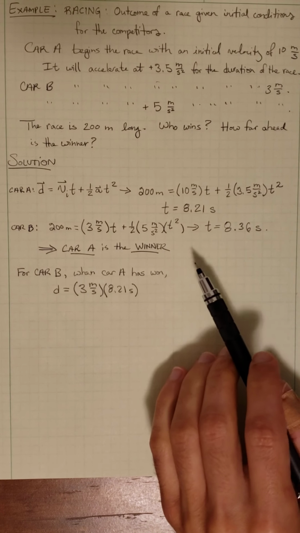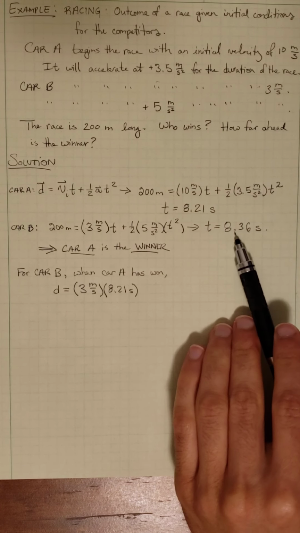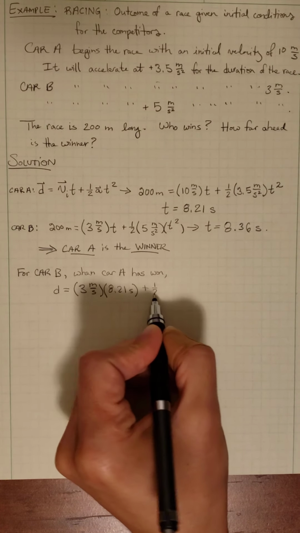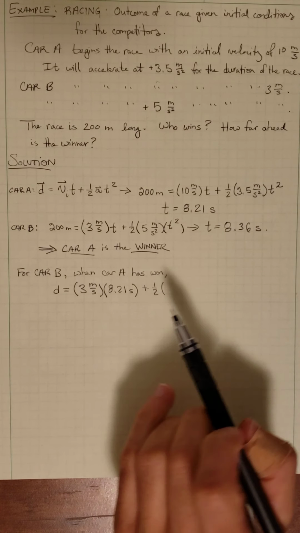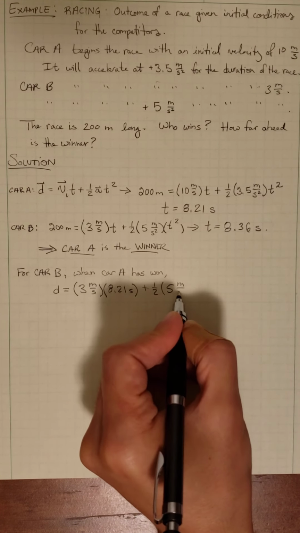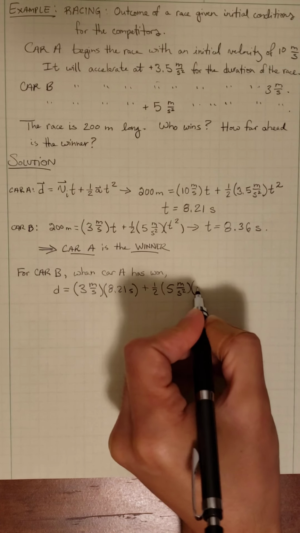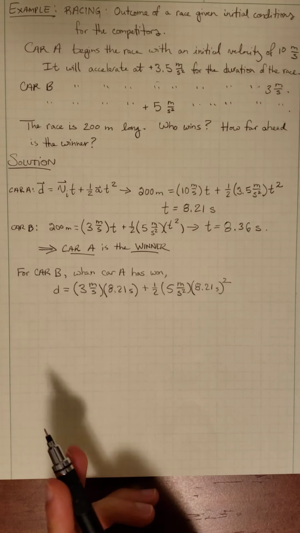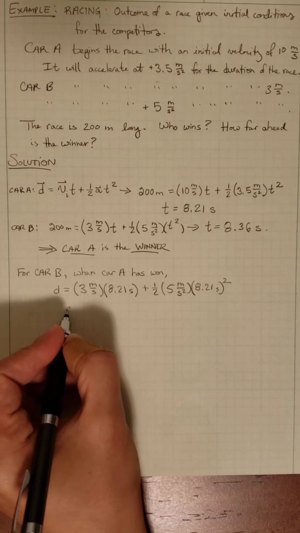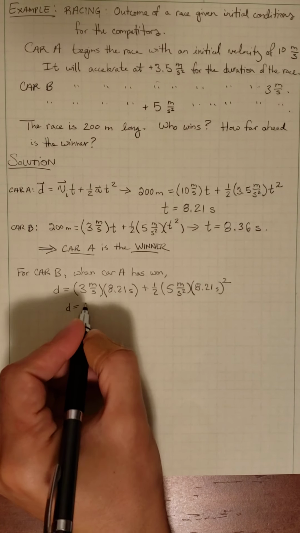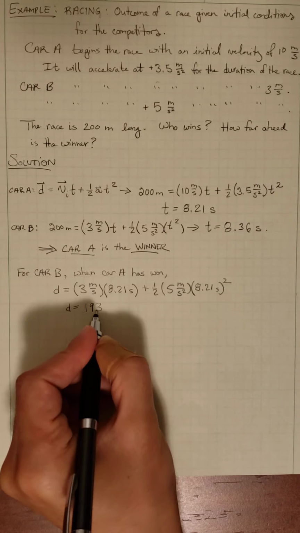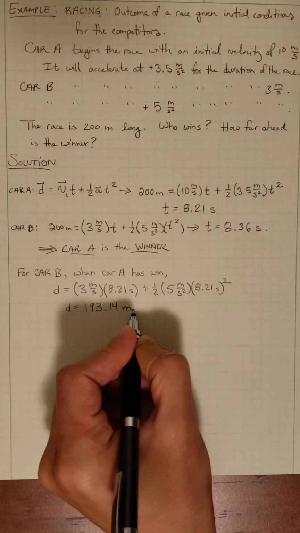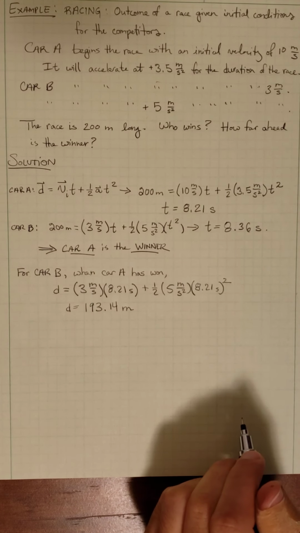Just a little bit less, right, than B's 8.36 seconds. Plus 1/2 a, car B's acceleration is 5 meters per second squared, and the t is 8.21 seconds. And we don't forget to square that, the 8.21. Okay, we solve, and we get 193.14 meters.